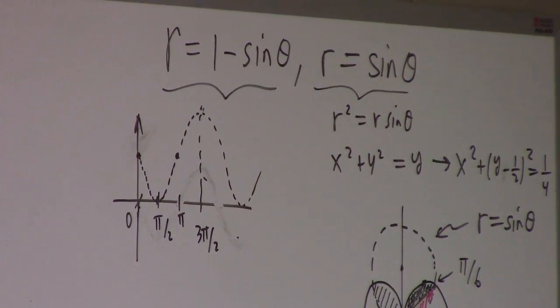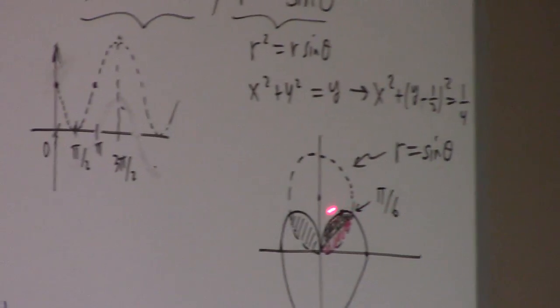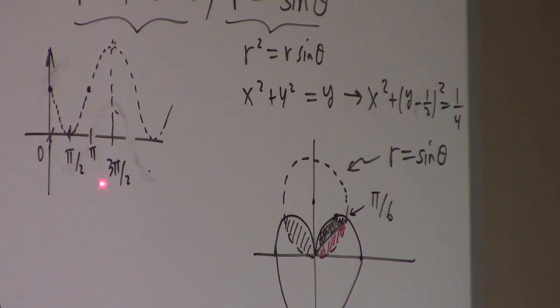So if you study the curve r equals sine theta, it's this circle here, right? It's the circle centered at (0, 1/2) with radius 1/2. It's the dotted circle. See that? Now this guy is a cardioid. If you study it going from 0 to pi over 2, it goes from this point back to 0 again. And then from pi over 2 to pi, it goes back to r equals 1.